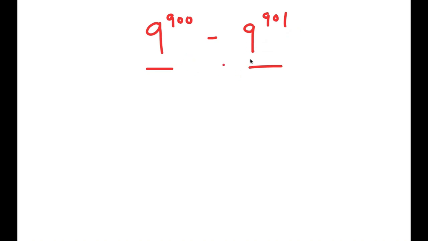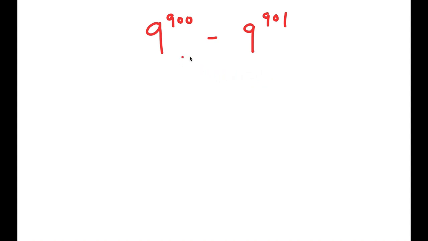These two terms are pretty similar, except that the exponent for 9 to the power of 900 is 1 less than the exponent for 9 to the power of 901. So the easiest way to solve this is to simplify this as much as we can, and a way to do that is to factor out a term.